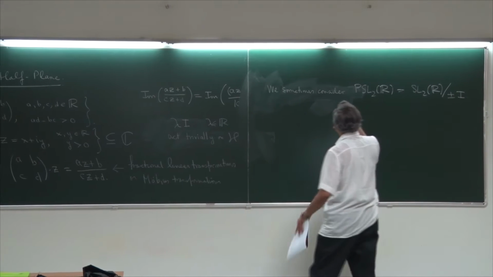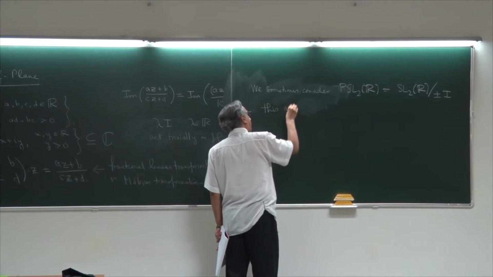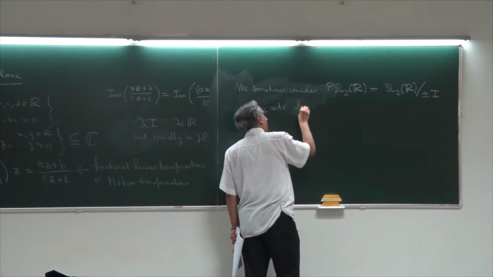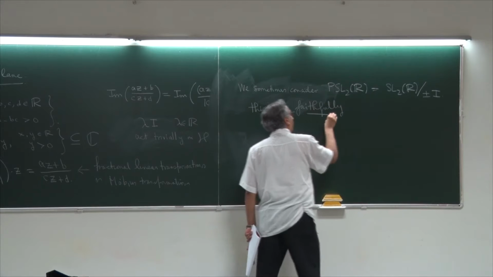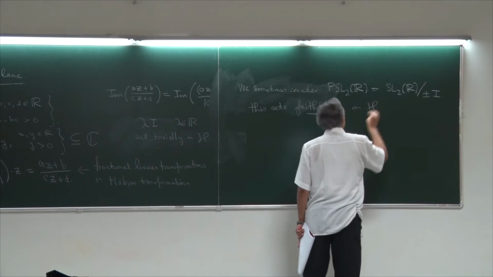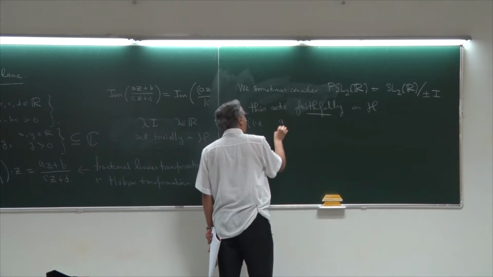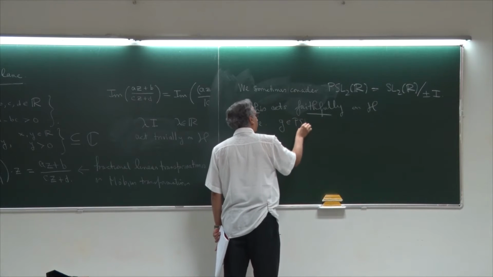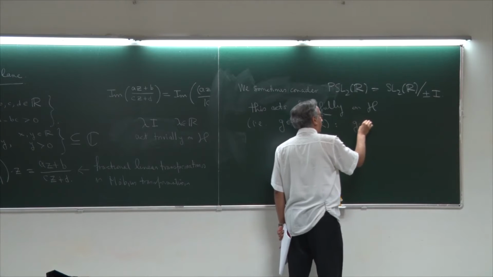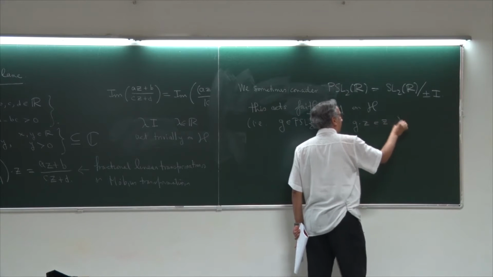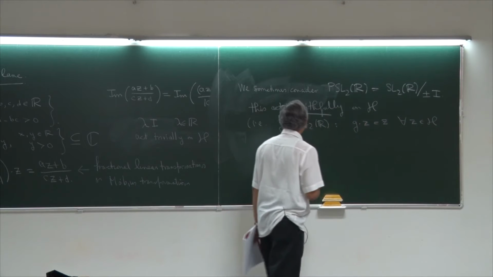It turns out that this acts faithfully on the upper half plane. That means that if G is an element of PSL2R such that G acting on Z is Z for all Z in the upper half plane, then G is the identity element.